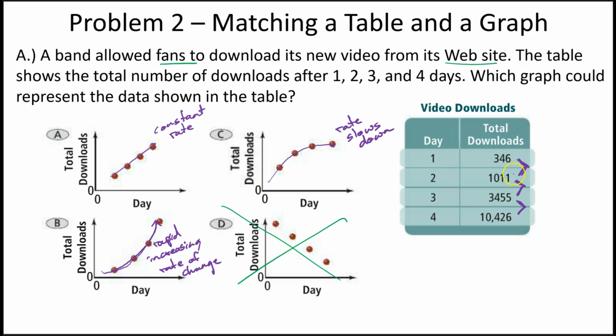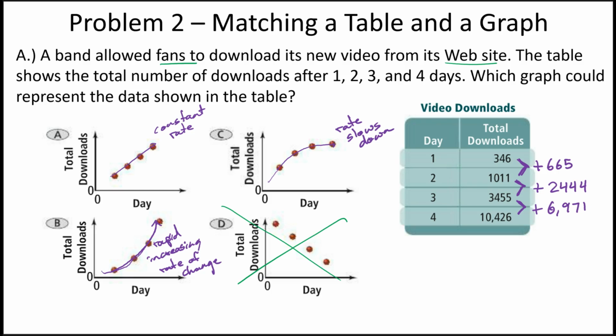If we subtract these, we get that it went up by 665. Between the next two, 1011 and 3455, it also went up, by 2444. And then the next one also went up, by 6971.